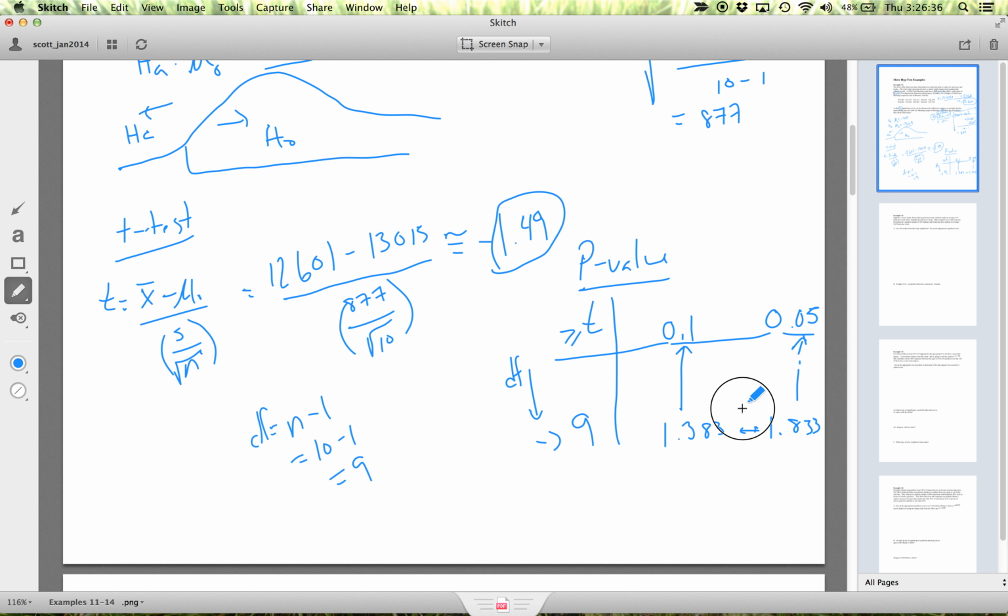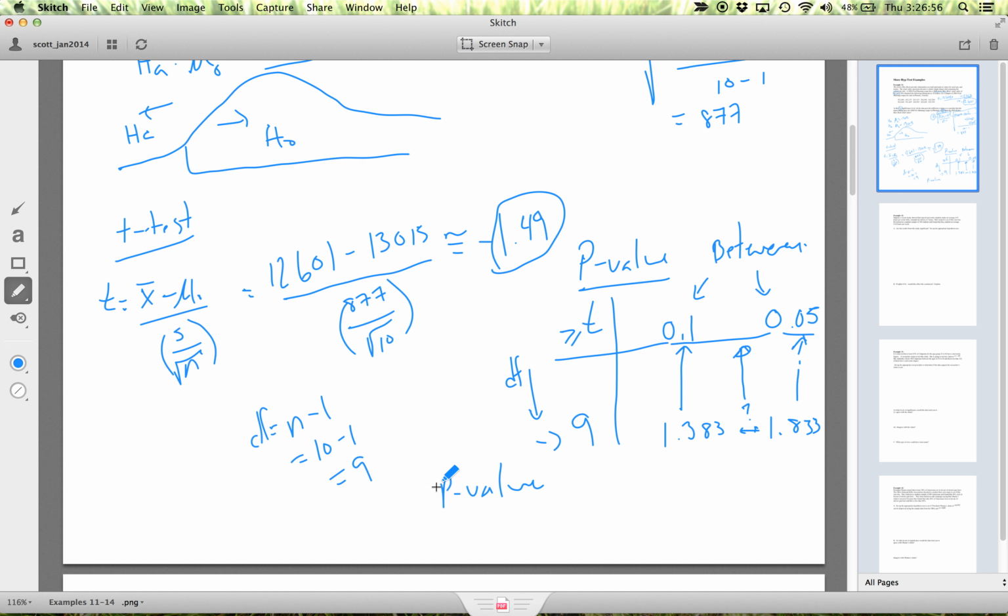Although I can't say exactly what my p-value is, because that 1.49 value doesn't show up on my t-table, what I can say is that it must be between these two values.